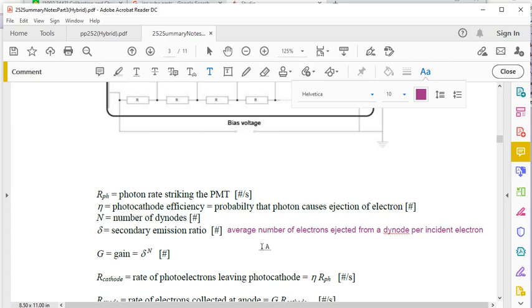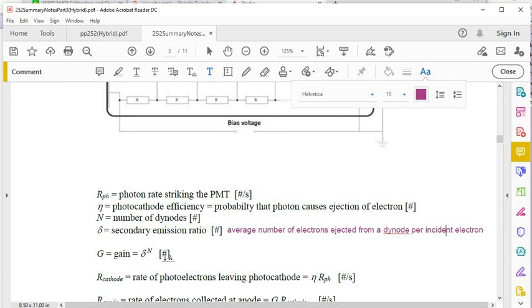Those 2 are going to hit the second dinode, so each of those will produce 2. So we have 4 leaving the second dinode. Those 4 hit the third dinode, each produce 2. We've got 8 total ejected electrons. And you can see if I take 2 to the third power, I'll get 8. Now remember, typically delta is between 2 to 4, and N is around 9, so these gains can be quite large. Several hundred thousand.